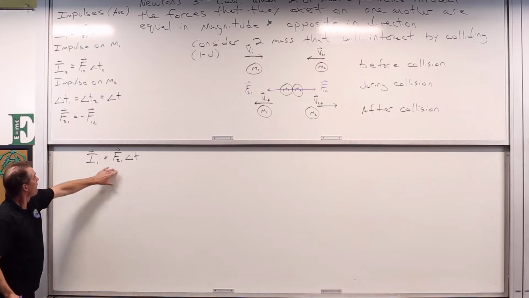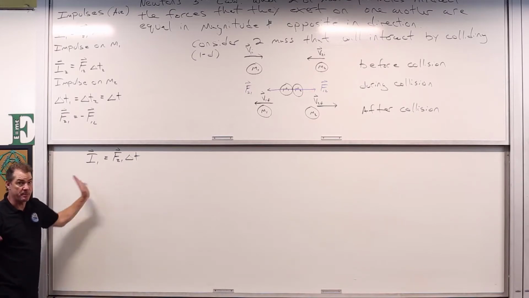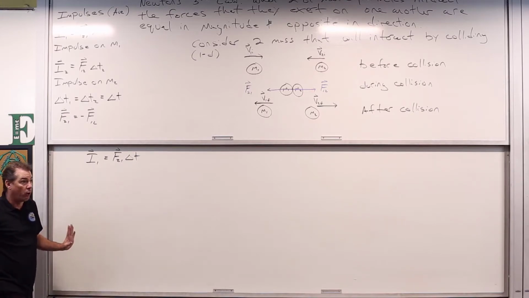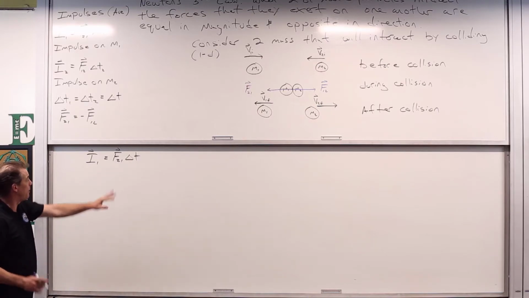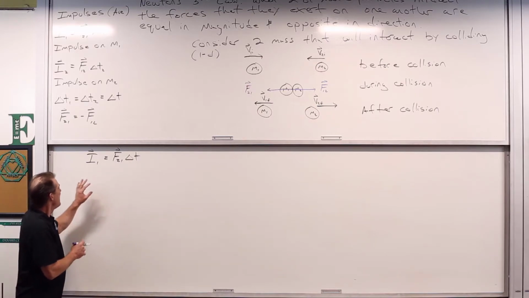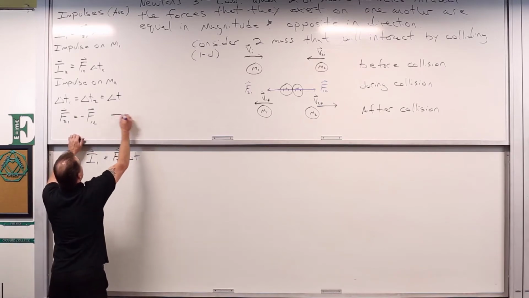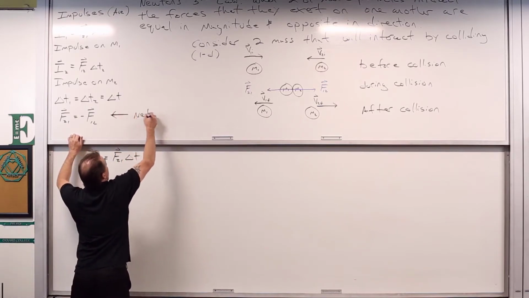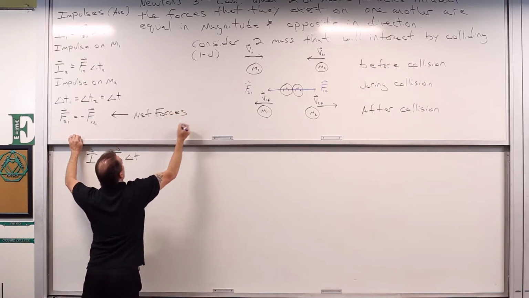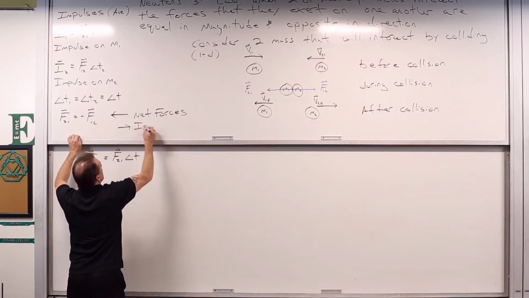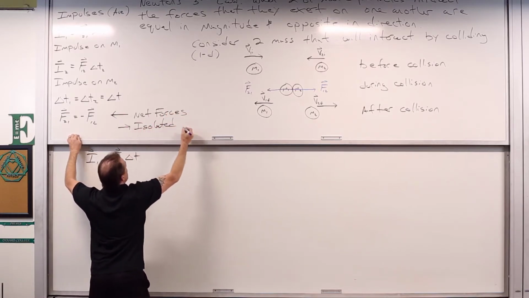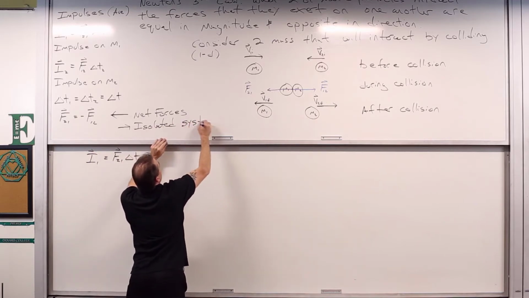Well, if the forces are net forces, because these are isolated systems and the only force of interaction is between the two objects, then we note that the impulse produces the change in momentum, right? So we're going to say that these are net forces. This is an isolated system.